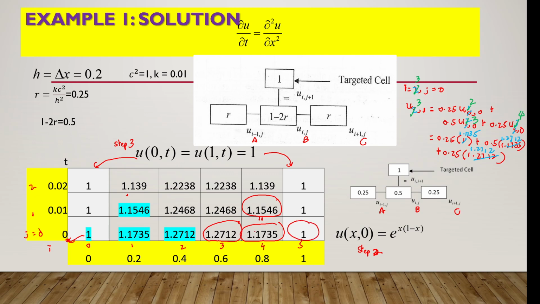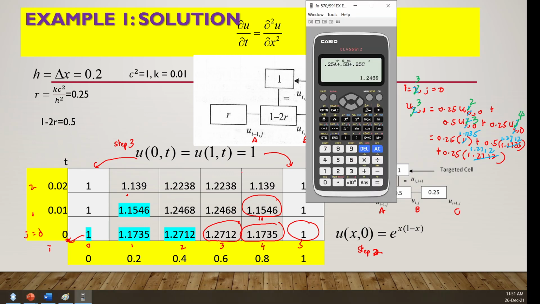So that means A, B, C. So calculate again. A is the same value, so we just press down. B is 1.1735. C is 1. So you get 1.1546. So you complete level 1.